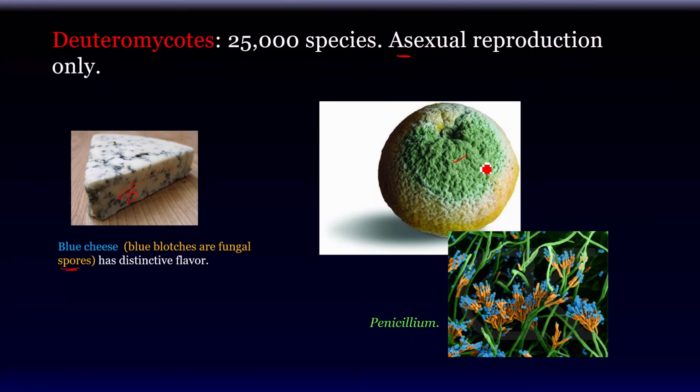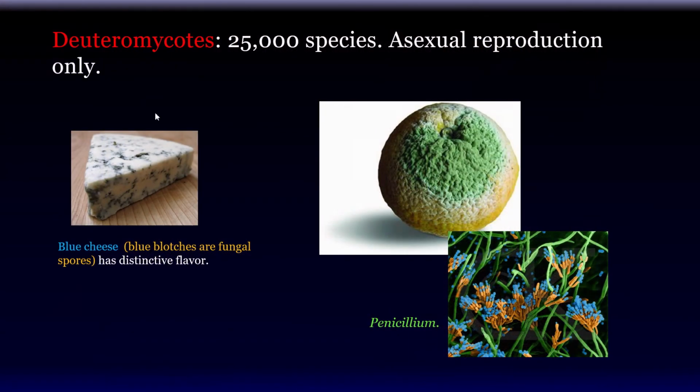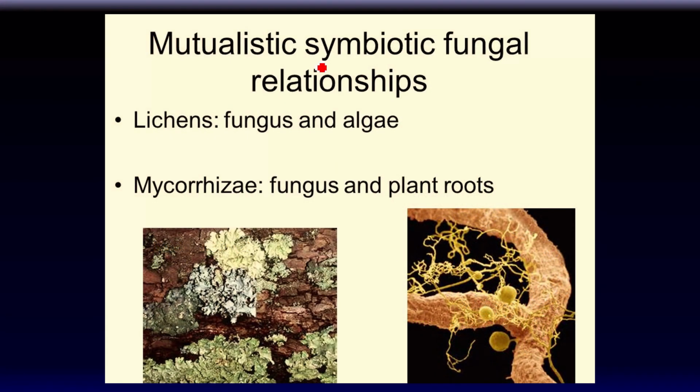Penicillium fungi, which is over here, is also the same thing. It has spores like that. Now, this particular phylum, the Deuteromycota, very much has mutualistic relationships with other living things. The lichens that we talked about previously are fungi and algae, and the fungi in the lichen typically tend to be Deuteromycota.